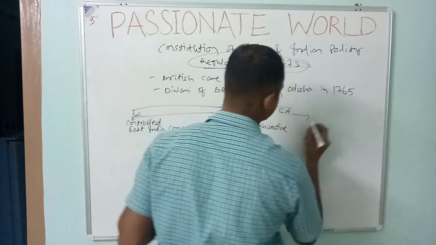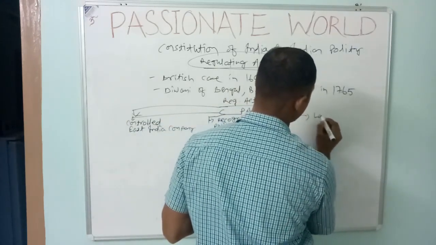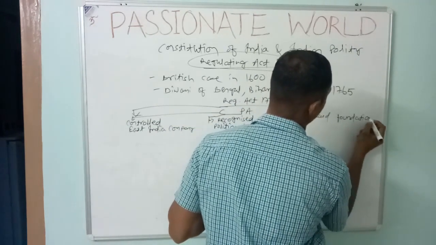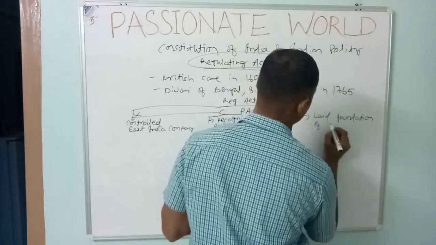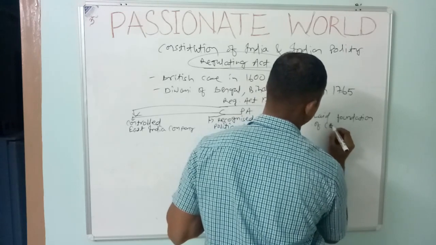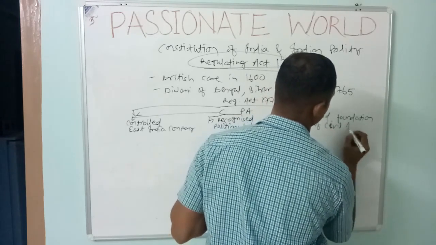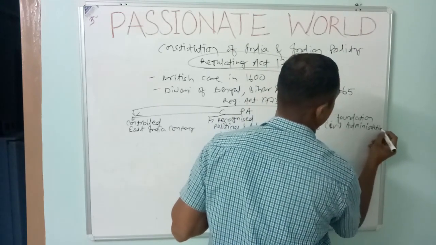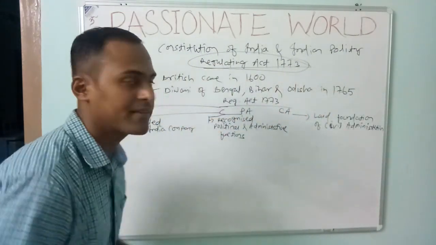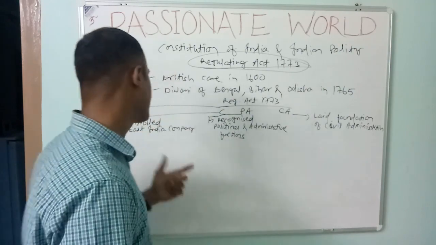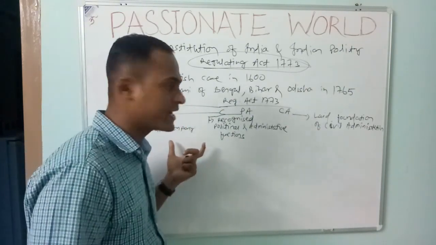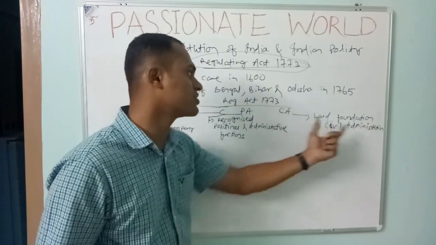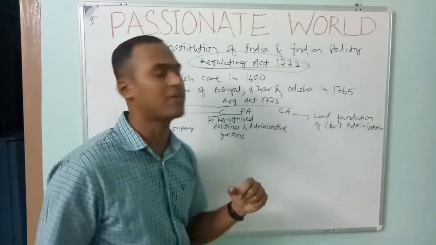Then last is CA, laid foundation of civil administration. After the 1773 Act, controlled East India Company, then they recognized political as well as administrative function and laid the foundation of civil administration.